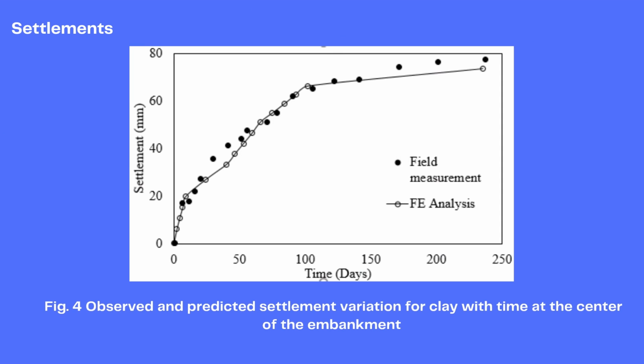You can see that settlements are increasing gradually after the end of the construction in this embankment. According to the geotechnical design standard of the Main Roads, Queensland, Australia, the limitation of maximum serviceability settlement should be 50 millimeters after the construction.